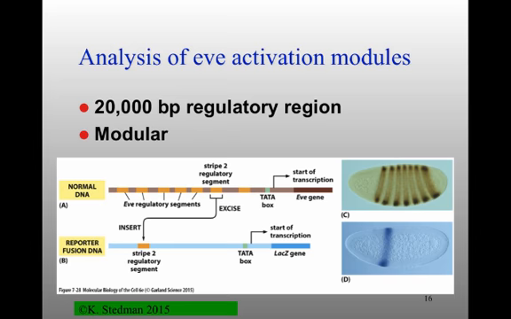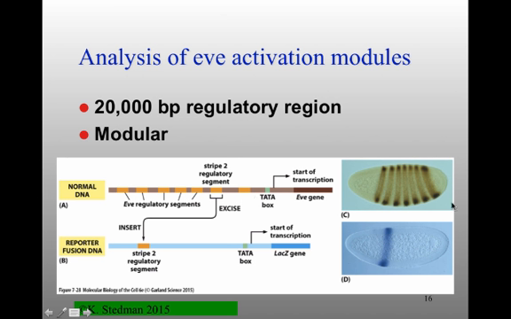How does that work? Well, how do we figure it out? Basically, it was by looking at the genes that are present in the Drosophila embryo, and particularly the regulatory sequences which are upstream of this even-skipped gene. It's got a TATA box, a normal start of transcription, and then multiple different regulatory elements, all of them present upstream here of the TATA box.